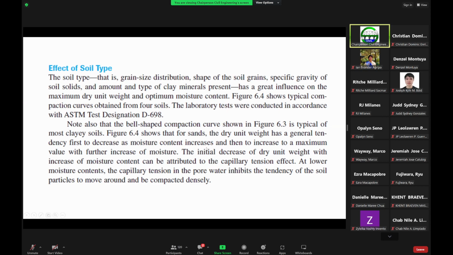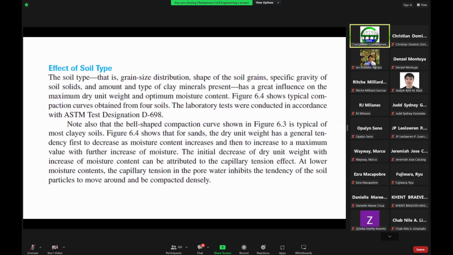The initial decrease of dry unit weight in the case of sands with the increase of moisture content can be attributed to the capillary tension effect when the soil is not yet fully saturated.